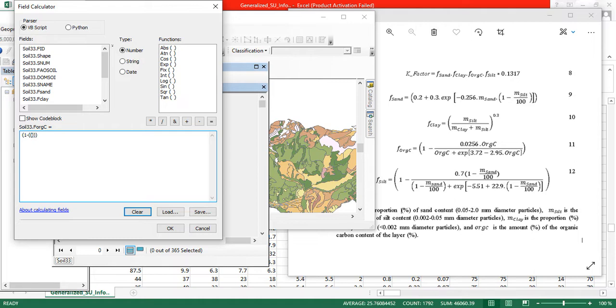So I have 0.0256 multiplied by organic carbon. So after the close of the bracket, you now have divided by.